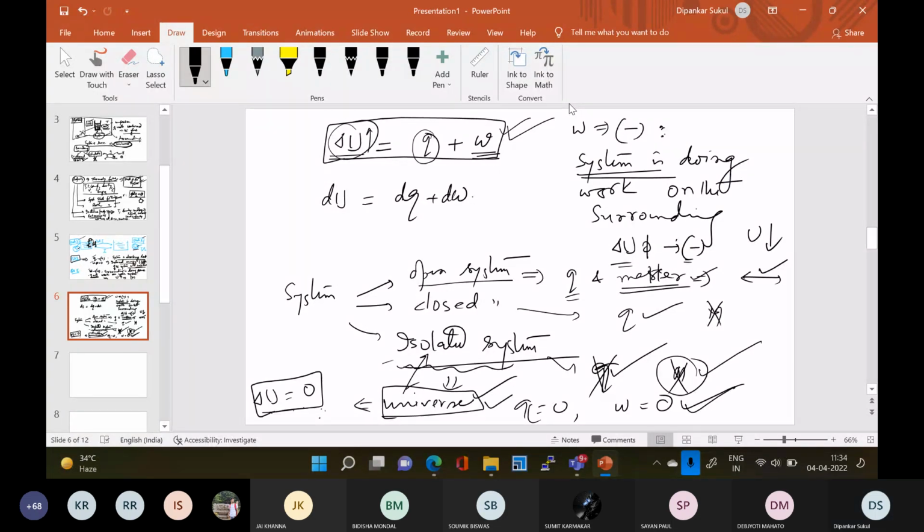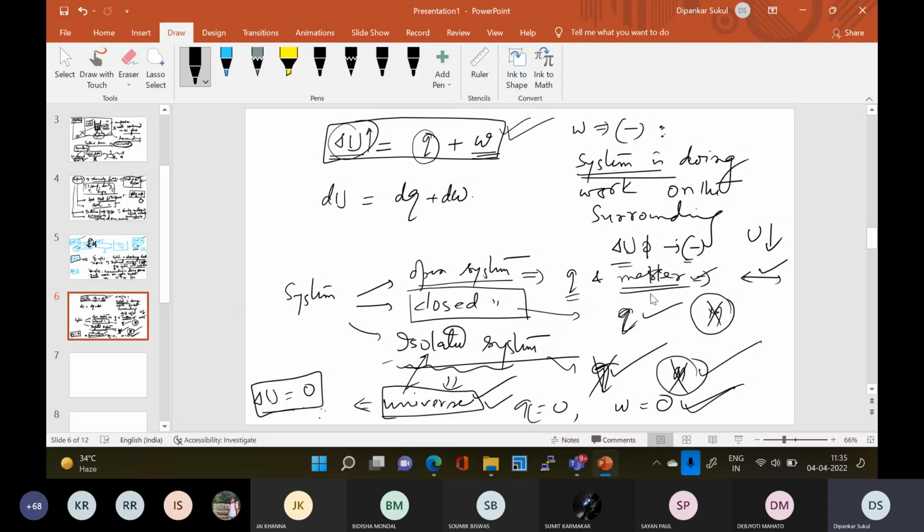Now, whatever thermodynamics we will learn in this first semester class will be applicable for closed systems. That means we will not consider any exchange of mass between your system and the surrounding. Only heat, which is nothing but one form of energy.